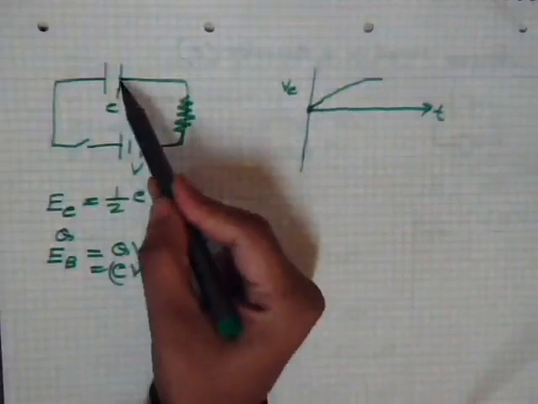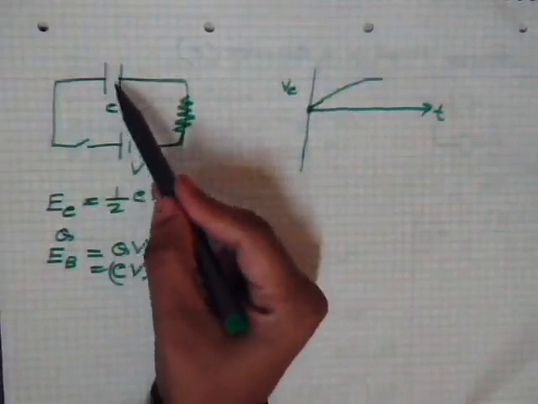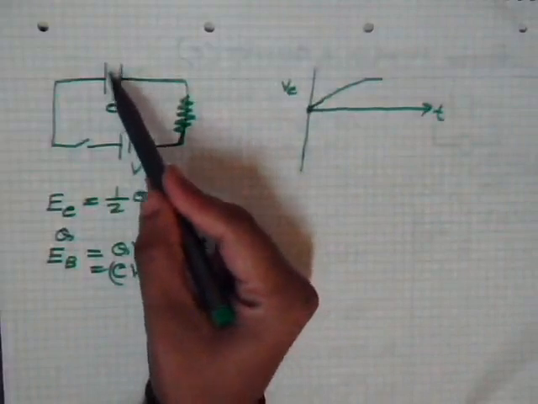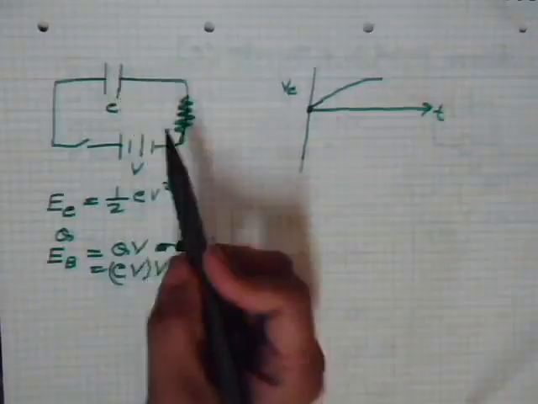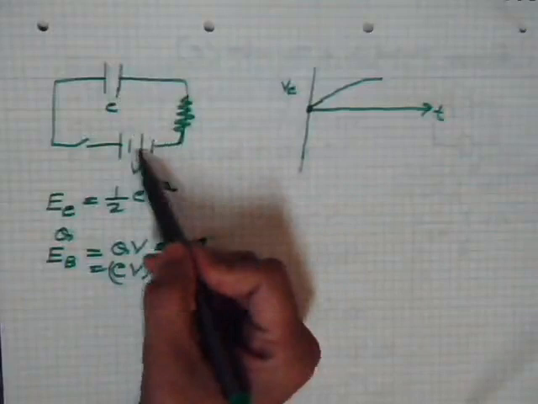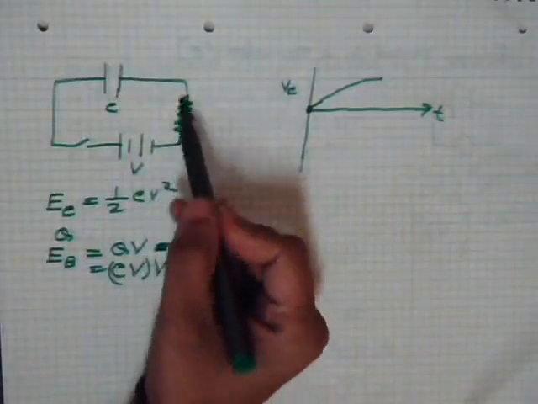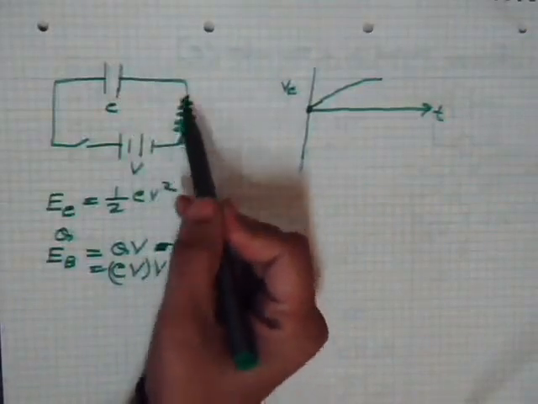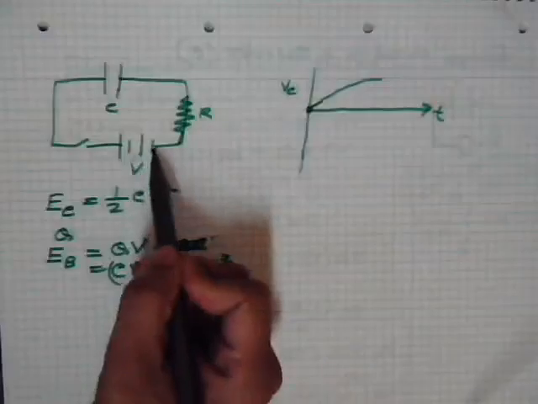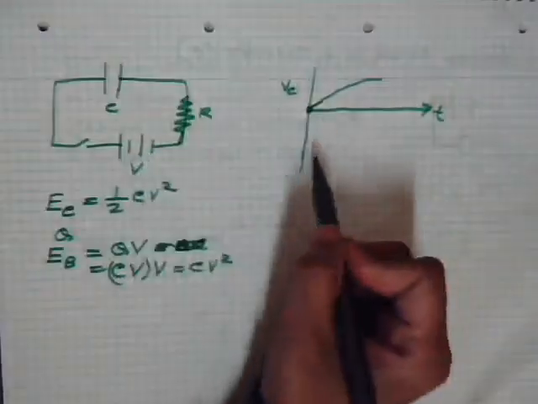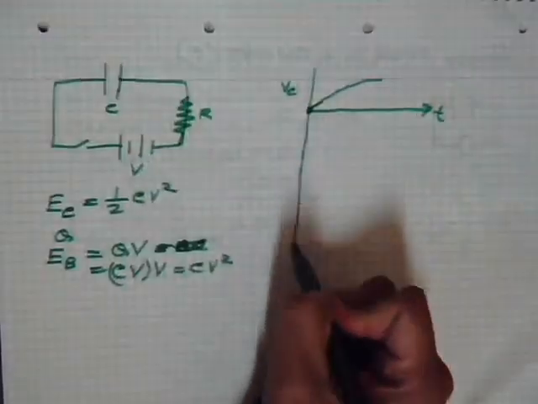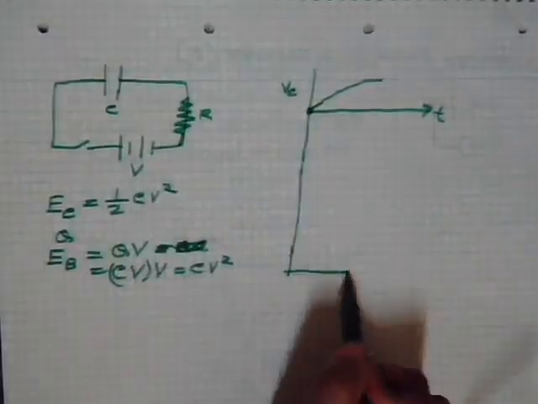So at that point, when the voltage across the capacitor is 0, the entire voltage of the battery is dropped across this resistance R. So let me draw the current.